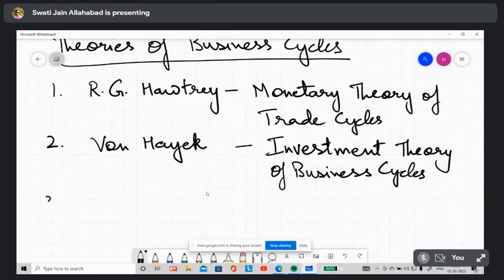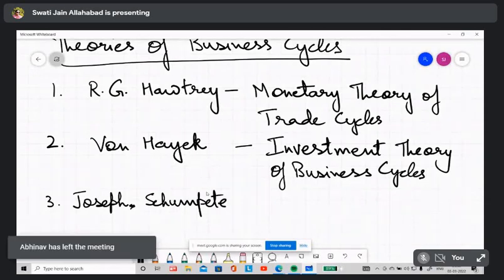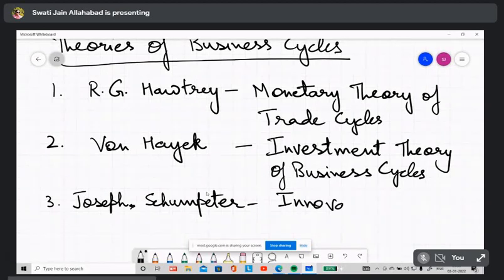And third, we will be talking about Joseph Schumpeter, and this is the innovation theory of business cycle.